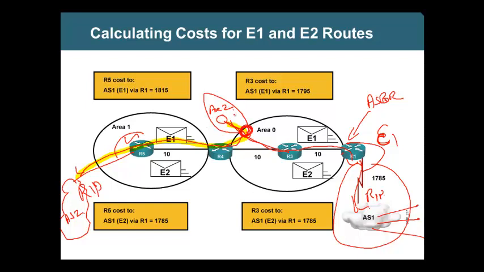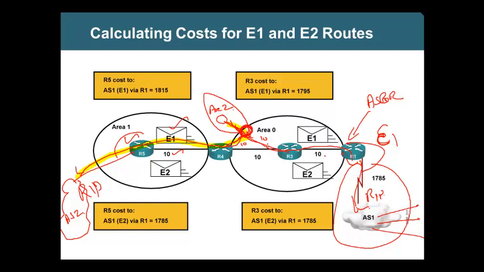So for area 2, it comes here, one link 10 plus 10, 20. 20 is the E1. 20 is what is going to be added to the original metric. But if you see this way, 10, okay, 20 in this case.